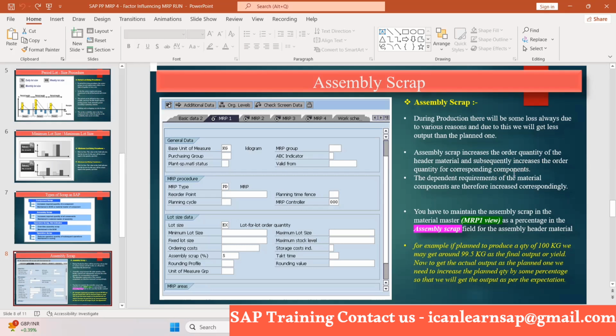The dependent requirements of the material components are therefore increased correspondingly. In MRP 1, you have to maintain the assembly scrap percentage. Whenever you are trying to manufacture the header material, it is going to get some reduction.